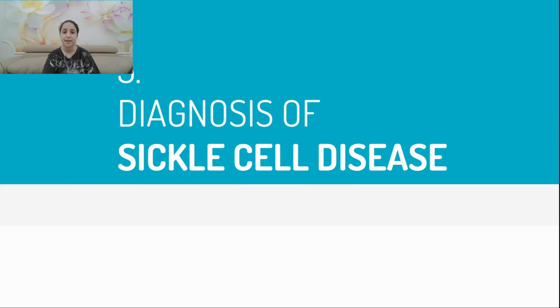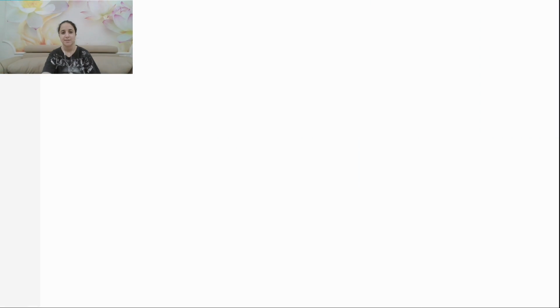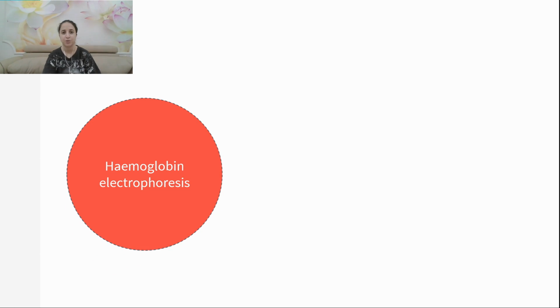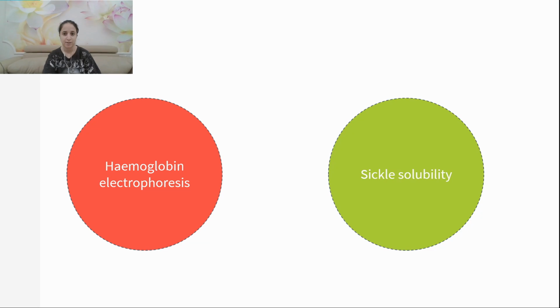Let's now discuss the diagnosis of sickle cell disease. There exist different kinds of tests through which we can make out if the RBC present inside the person is sickle shaped or not. These tests could be hemoglobin electrophoresis, sickle solubility, etc. But in most cases, especially in countries like the US, you won't have to go to a doctor yourself and get checked for SCD.